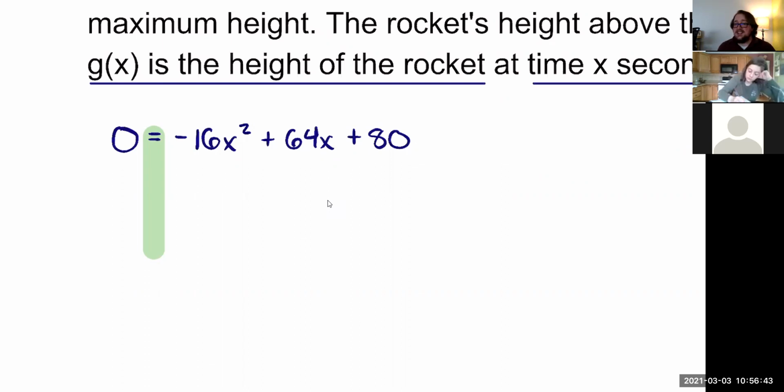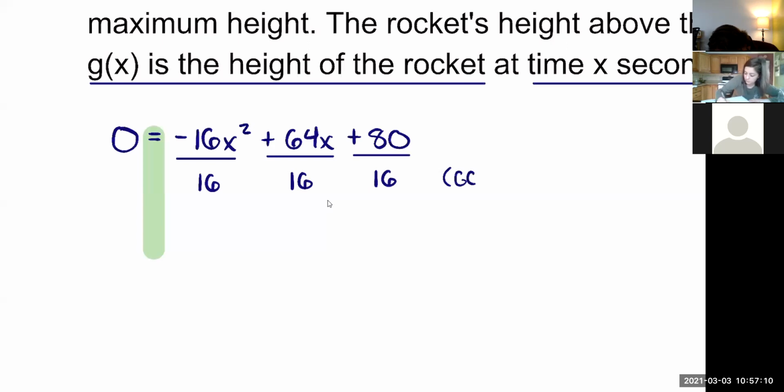And 16, again, probably wouldn't be the first thing you think about, because 16 going into 80, unless you check that list that I still need to give you, Toby, you may not see it right away. But we can take out a 16 from every single one of these terms. So this is my greatest common factor.